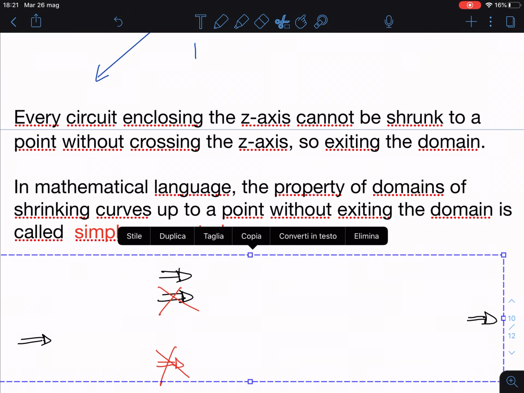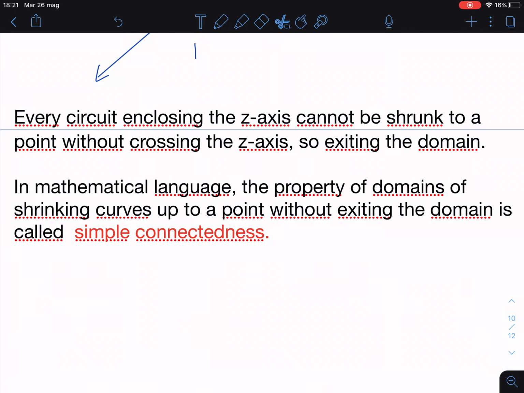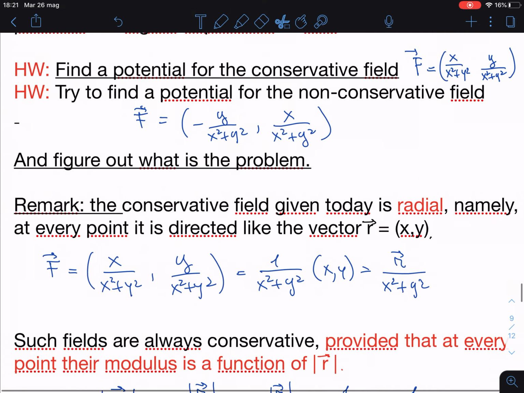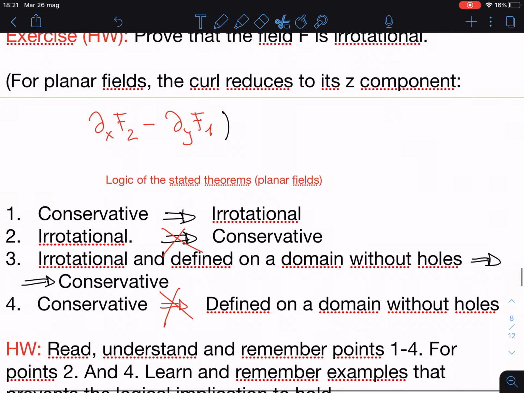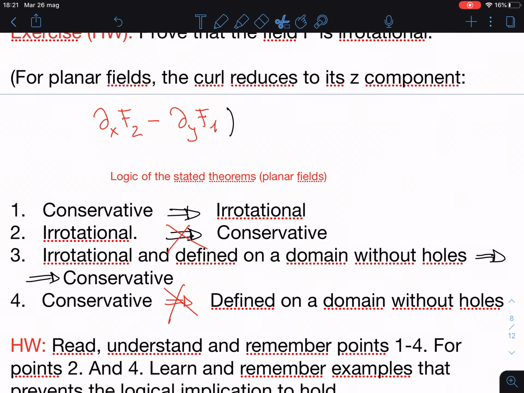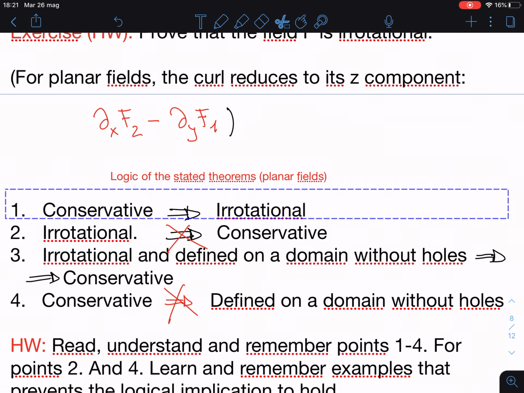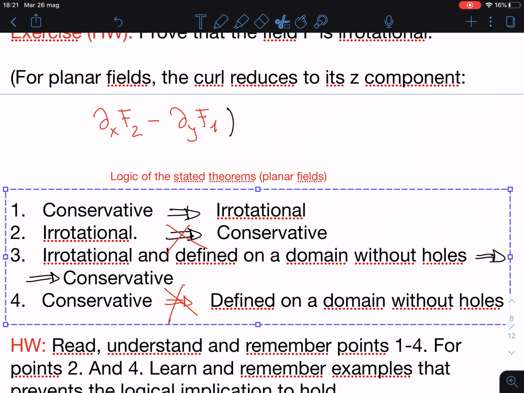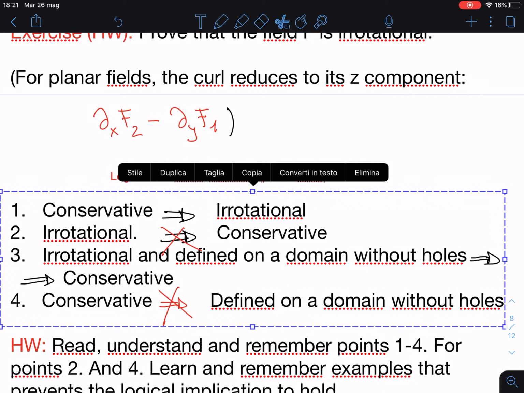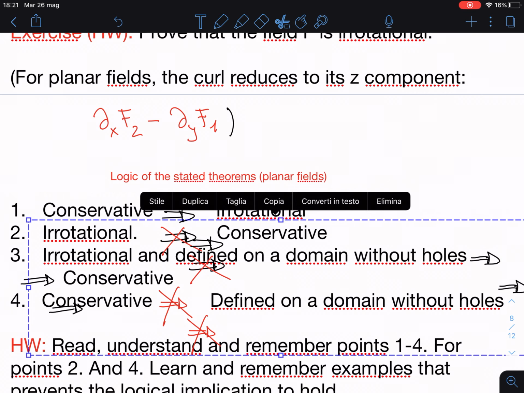We did not copy anything, so eliminate. Let me try again to copy this here. It must be possible to copy it. So we try duplicate.